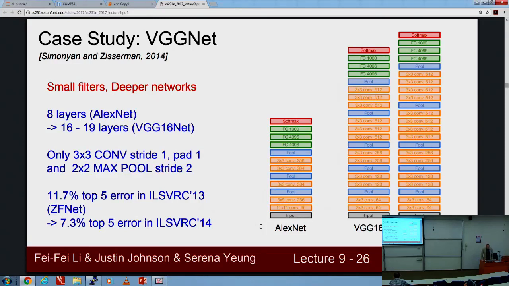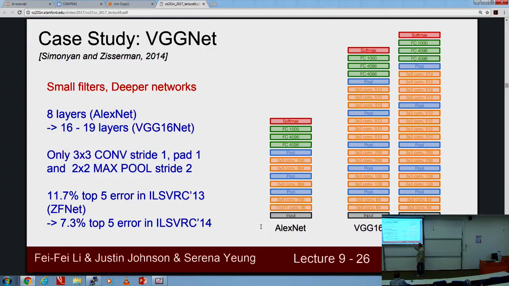Okay, so let's talk about VGG first. It's the simpler one of the two. Compared to AlexNet and ZFNet, it uses the same components, a bunch of convolutions and pooling, no normalization. Two main differences.